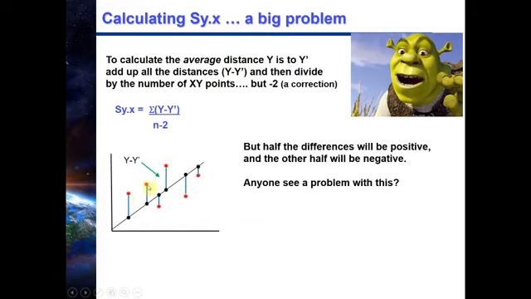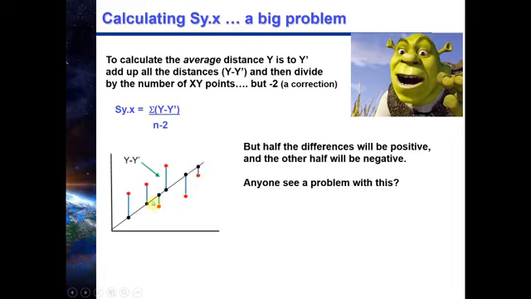So all of these distances are going to be positive. And then all of these distances are going to be negative because this y is smaller than this y prime. So when we do y minus y prime, we're going to get a negative answer. So here we have positive differences. Here we have negative differences.